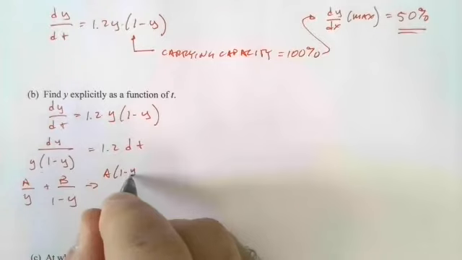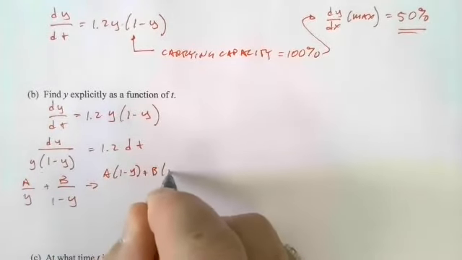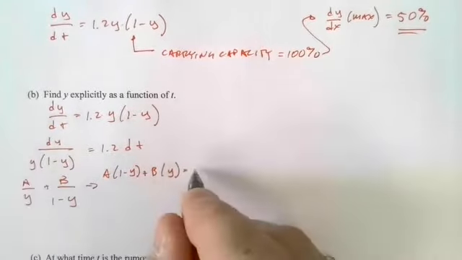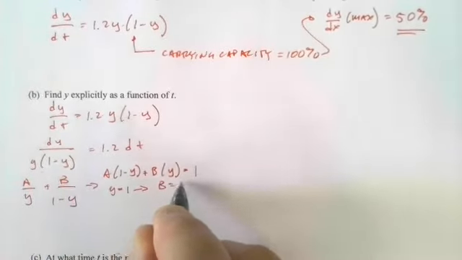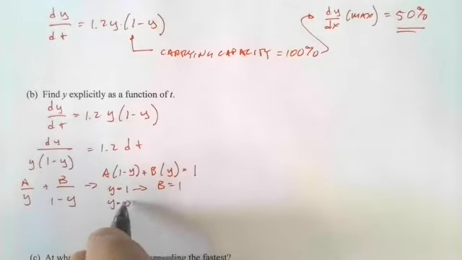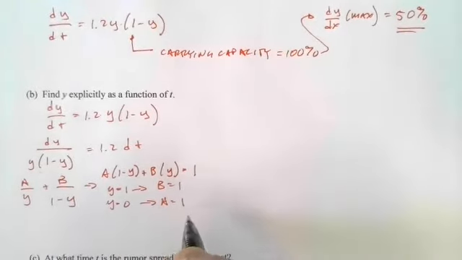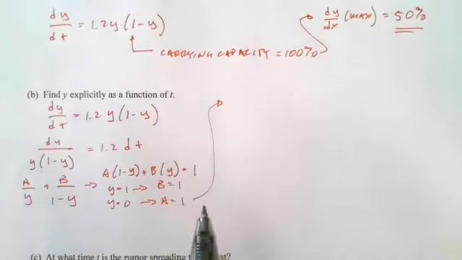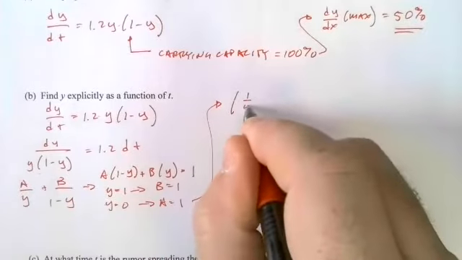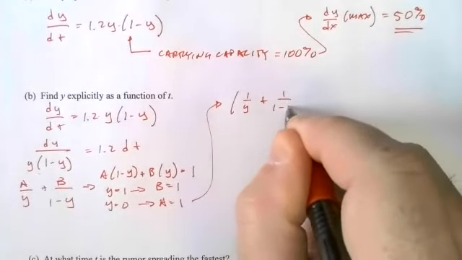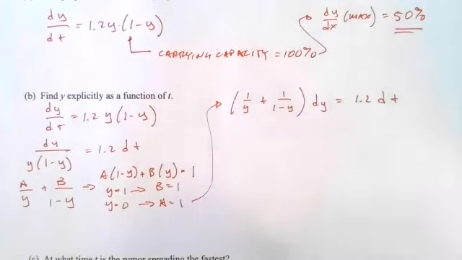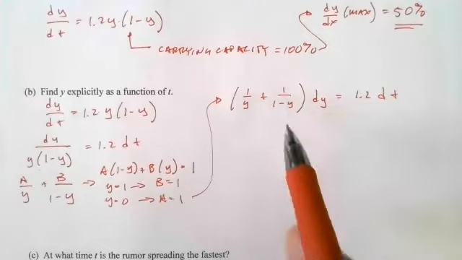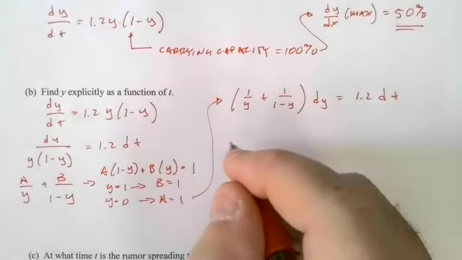A times 1 minus y plus b times y equals, again, the 1 up here. Y equals 1, B equals 1, Y equals 0, A equals 1. Hey, isn't that nice? So we end up with 1 over y plus 1 over 1 minus y, integral of y, equals 1.2 dt. My brain's lighting off because there's a negative going to chain rule out here, so I got to be careful.